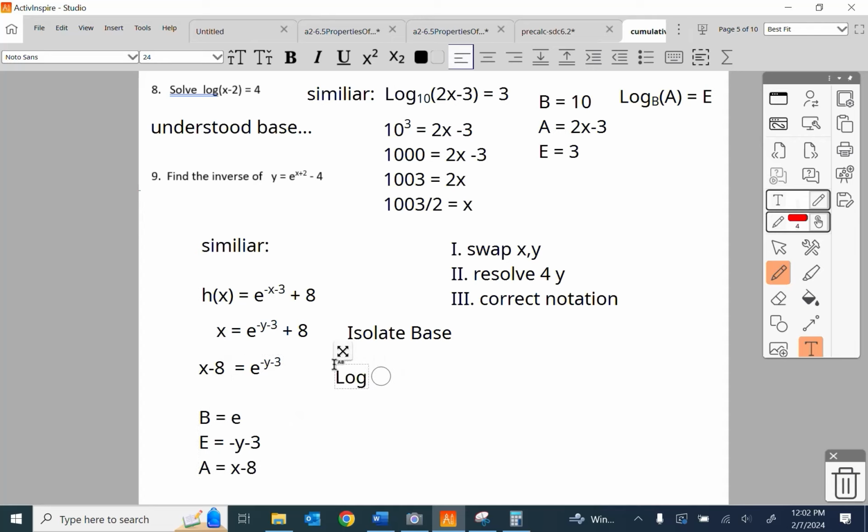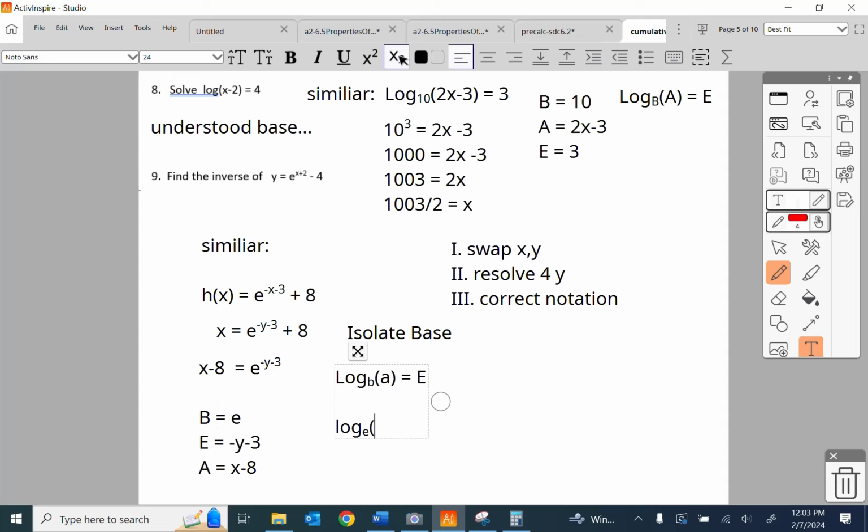And again, log is bay. Plain and simple. So I end up with a log whose base is e because, again, I identified it over here.